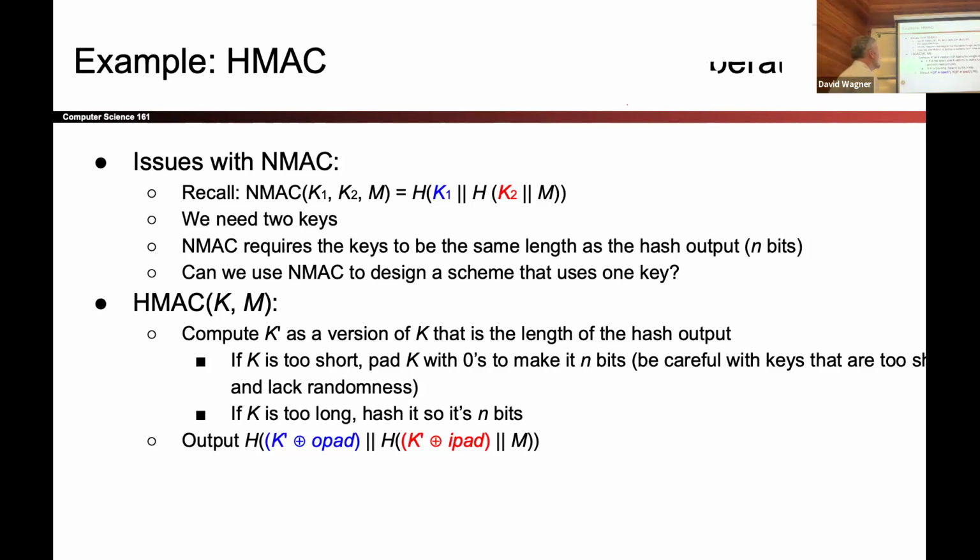And the trick is we just take our single key and we compute two slight variants of it, and we use that as the two keys for NMAC. And this seems okay, as far as we know. So conceptually, it's almost the same thing as NMAC. The details don't really matter, but it's called HMAC. And HMAC is one of the standard ways to build a MAC. It's one of the most common, widely used, and it's an accepted standard, and it's been studied a lot, and it's widely believed to be secure.